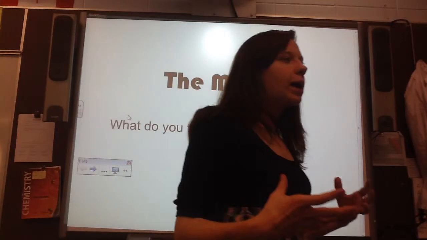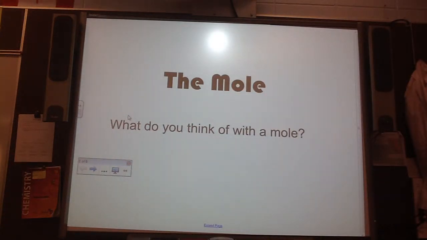So in chemistry, we're dealing a lot with molecules, or we think about atoms. Now, remember when we did that lesson on how small an atom was? It was really small. Super small.